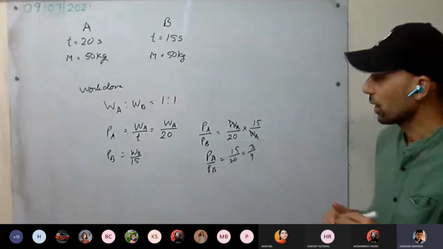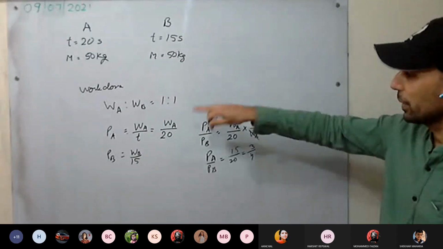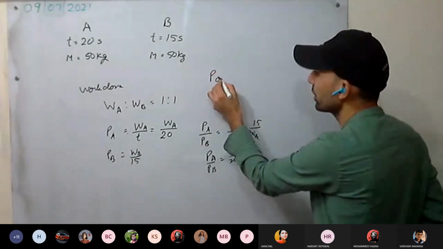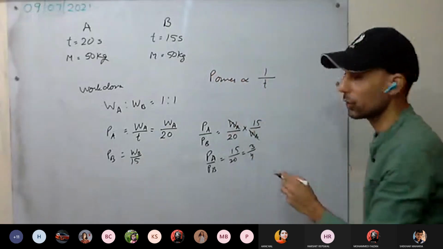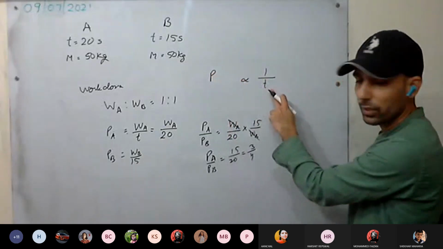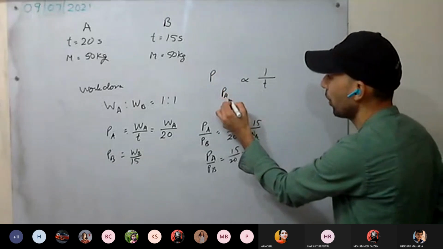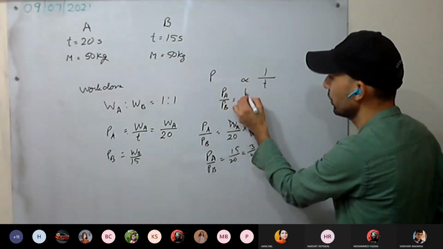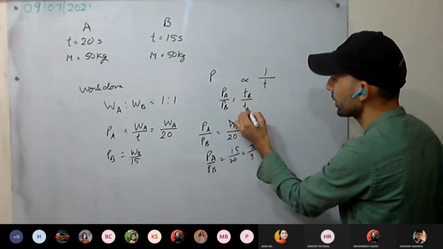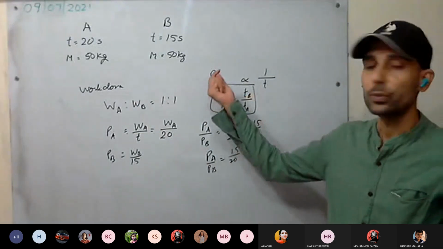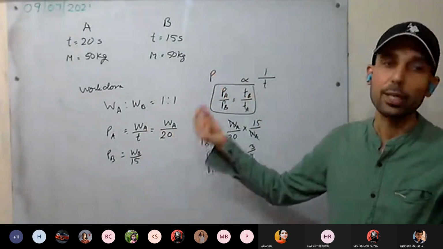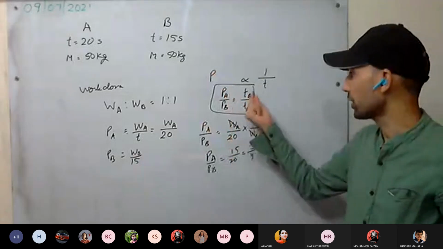3 upon 4. Understood? Or you can say, since the same work is being done, power is inversely proportional to the time. Yes or no? So PA upon PB equal to TB upon TA. Since both are doing the same amount of work, power spent depends on their time.